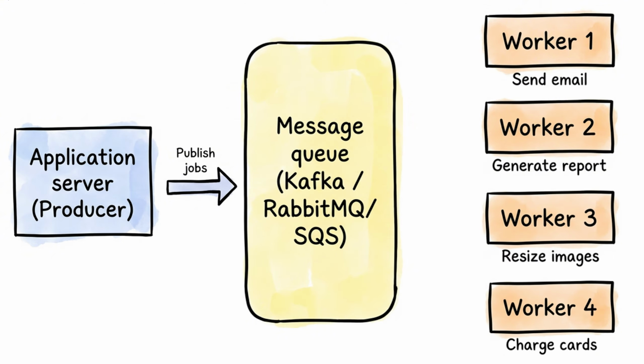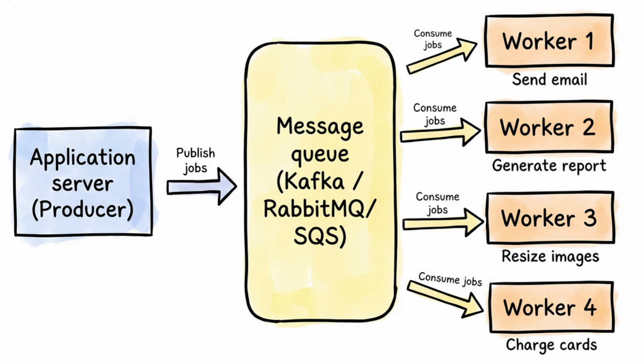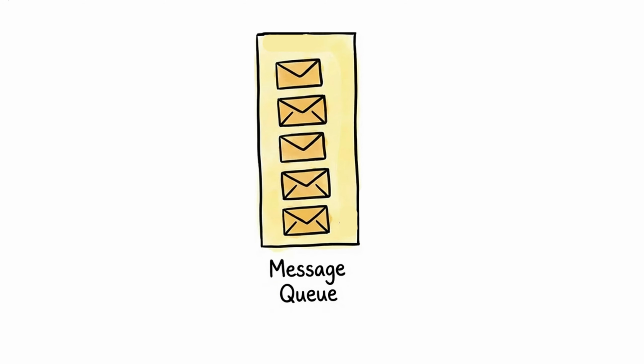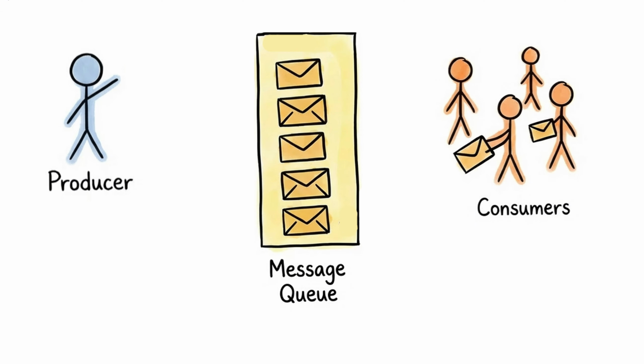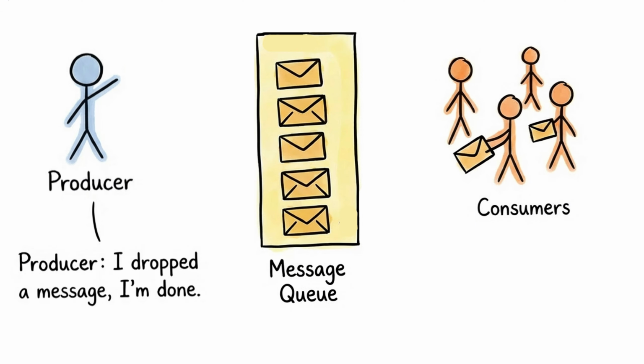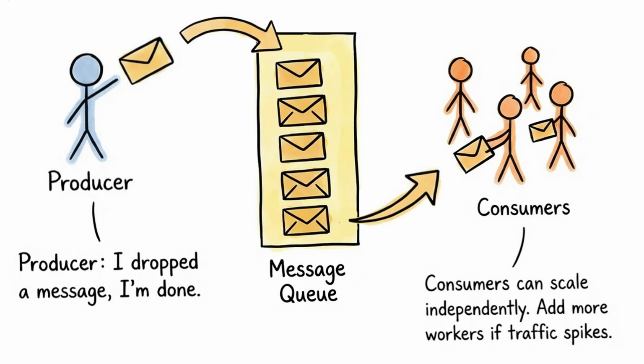Background workers consume them. Some examples are Kafka, RabbitMQ, SQS, or a managed queue. Queues decouple producers from consumers. The producer only needs to know: I dropped a message, I'm done. Consumers can scale independently.